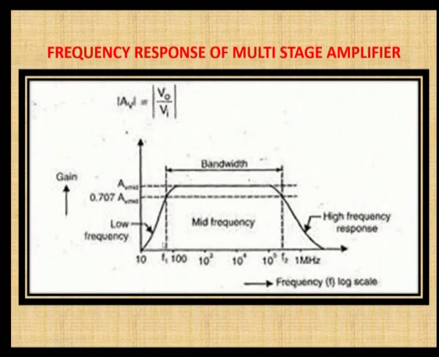So, in the lower frequency range, the multi-stage amplifier will act as a high pass filter, and in the high frequency range it will act as a low pass filter, and this is in general. We will see later the two coupling methods for the multi-stage amplifier: one is the RC coupling method and the next is the transformer coupling method, in the next session.